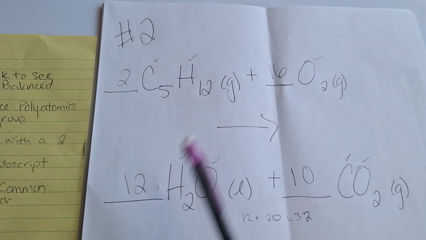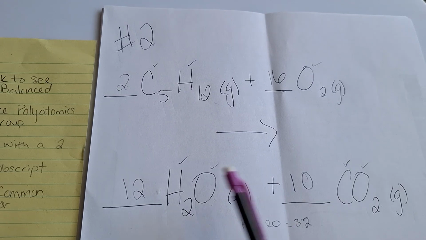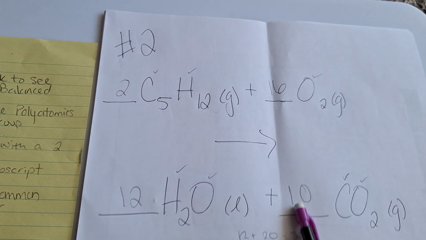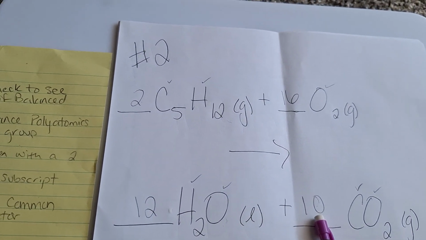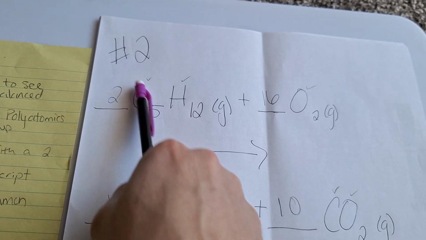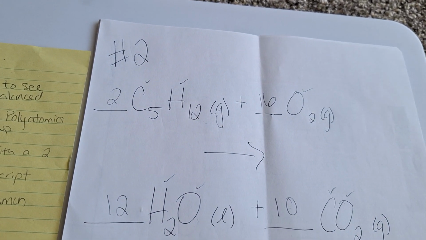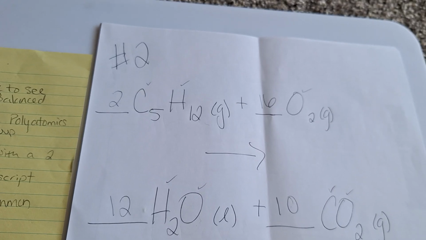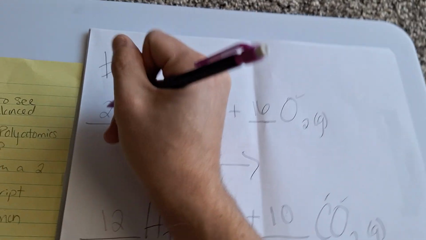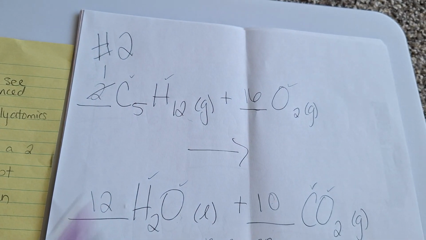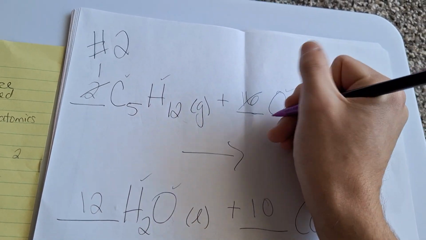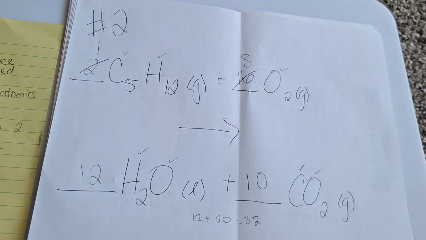All of these numbers, all these big coefficients, are even and divisible by the number 2. So we can divide each of these coefficients by 2 to get our final answer. So this 2 ends up becoming a 1. This 16 becomes an 8.